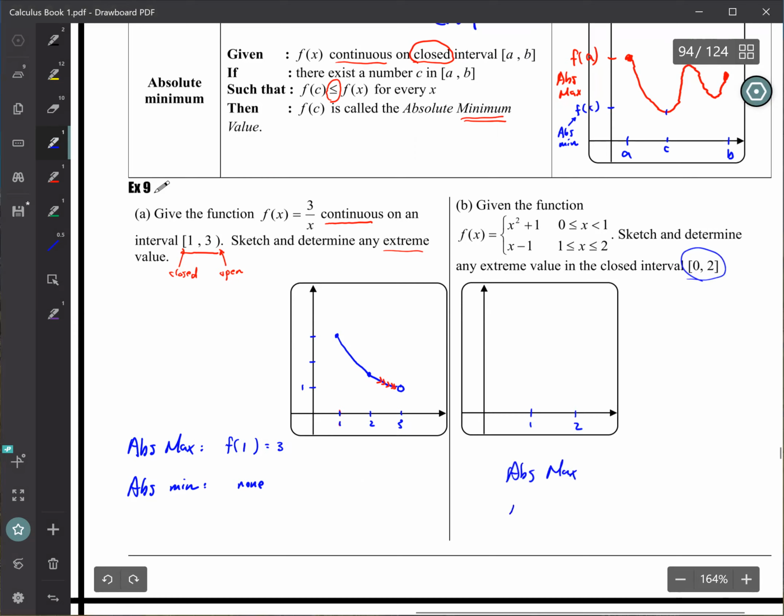So same thing, if you finished, please raise your hand. Anyone here doesn't know how to graph the piecewise?